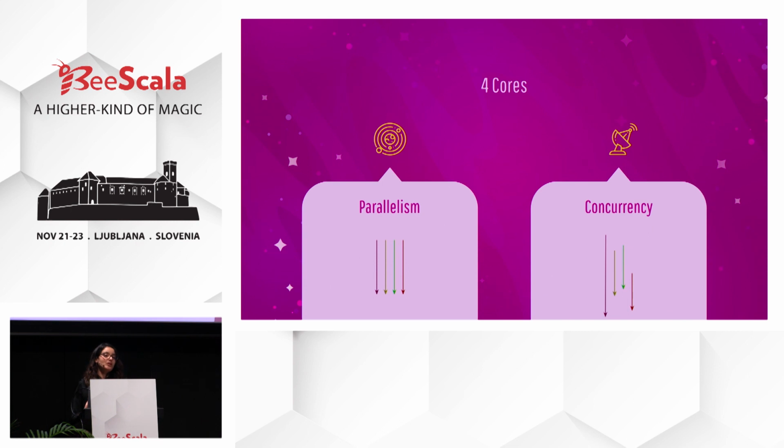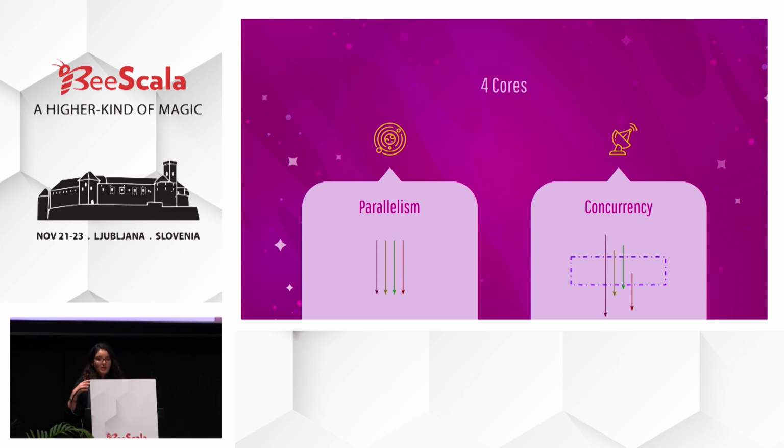Each task will be executed in a separate core. So parallelism is clear, all of them will be executed simultaneously. But with concurrency, you can have concurrent programs that are executing in different cores but are running out of order, where the scheduler will decide which task to execute at which point in time.